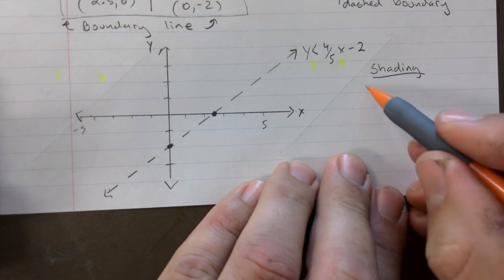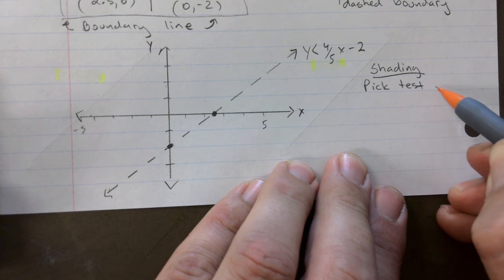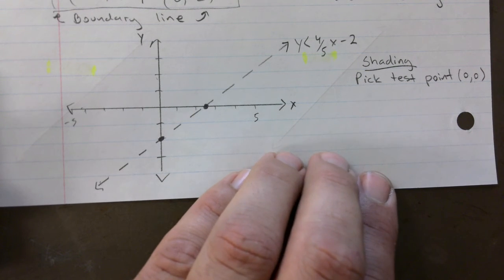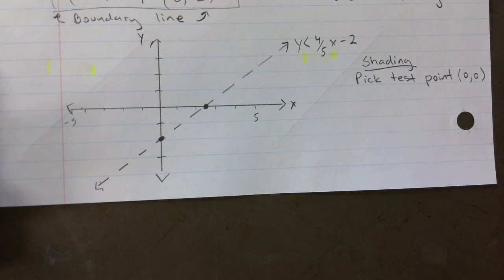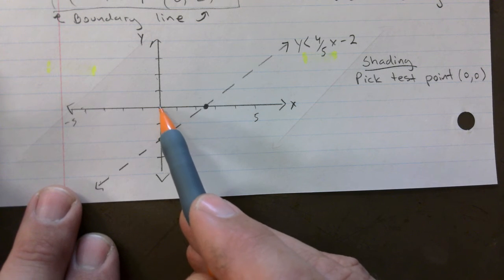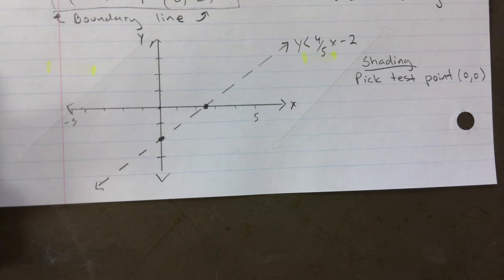What I do is pick a test point. I'm usually going to pick 0, 0 because it's the easiest point to pick. The origin is your friend. It's very easy to run it through your equation. Where is 0, 0, folks? Right here, correct? I know it's a bit silly, but it's right here. Is it above or below the line?